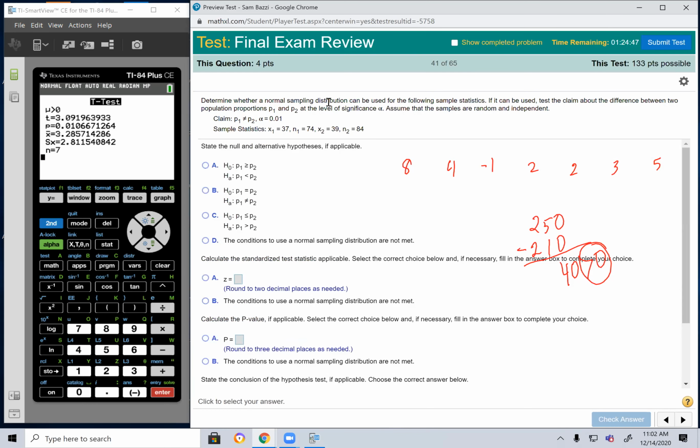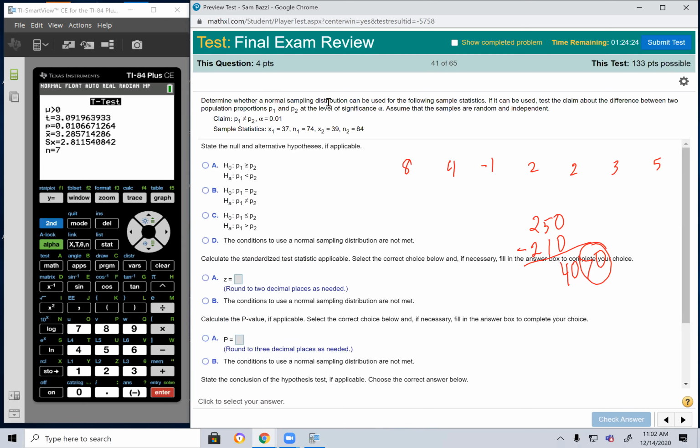Okay, testing the difference between two proportions. Determine whether a normal sampling distribution can be used for the following sample statistic. If it can be used, test the claim about the difference between the two population proportions P1, P2 at the level of significance alpha.